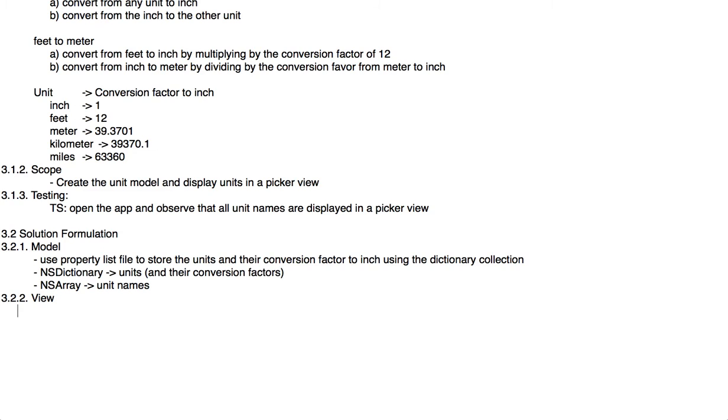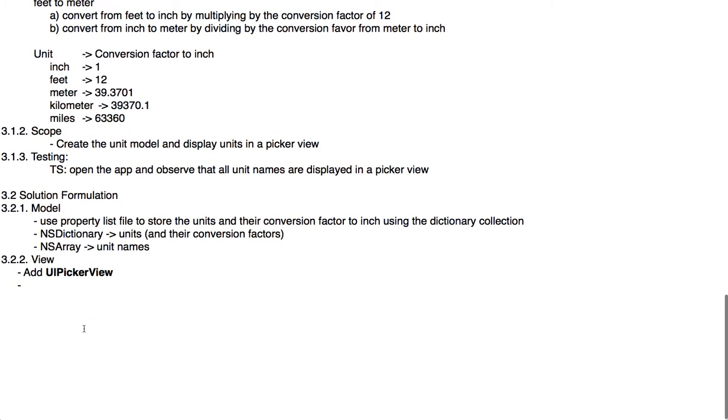So in the view, we will add UIPickerView. And the UIPickerView is interesting. We'll see that when we get to the implementation. The UIPickerView only has the ability to display rows and columns. It does not know what goes inside the row and the column.